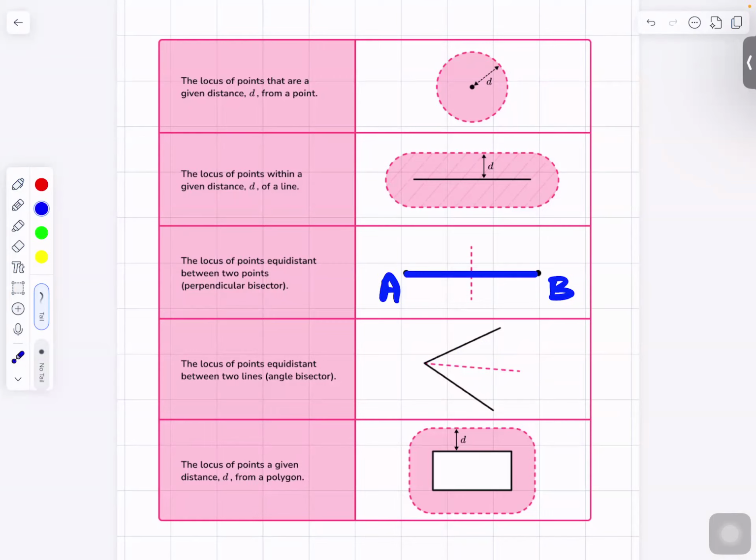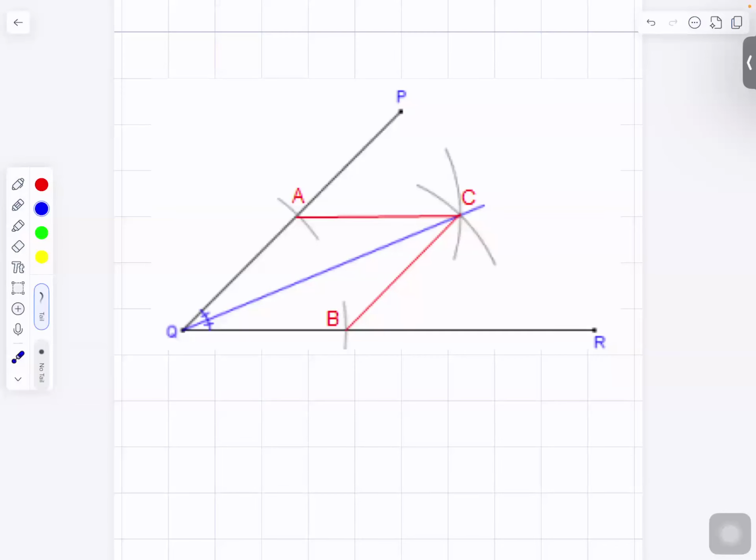Let me show you what they want you to put in an example when you bisect a line and when you bisect an angle. When you bisect an angle, those are the construction lines they want to see. They want to see this arc, and this arc. Then you put the compass there. They want to see that arc and that arc. And then you join them.